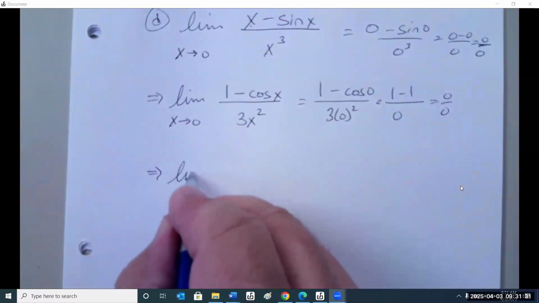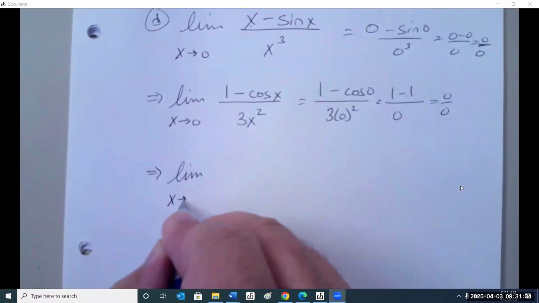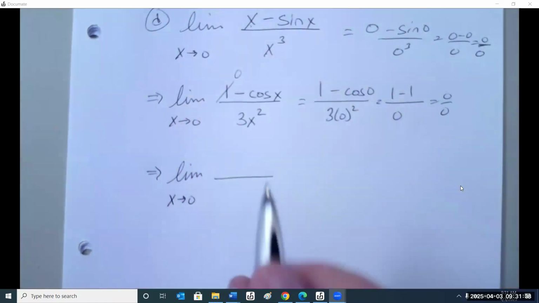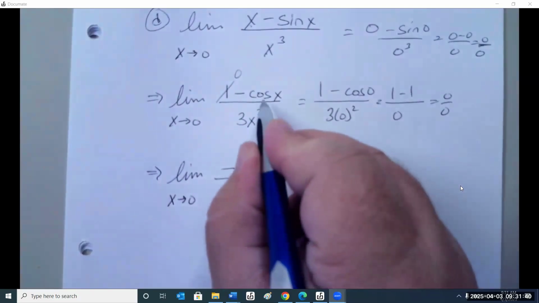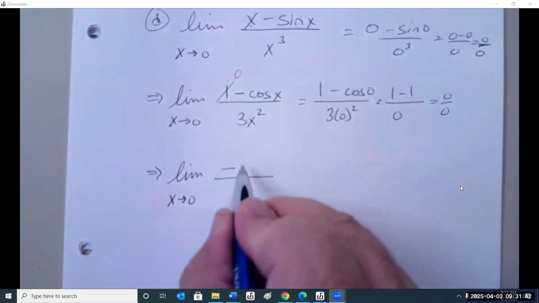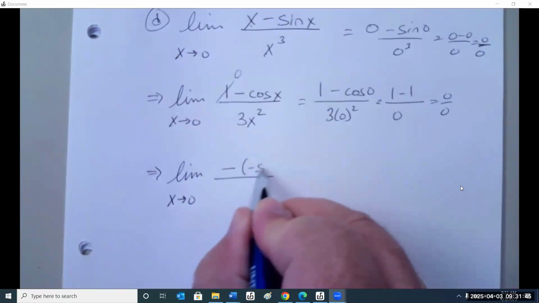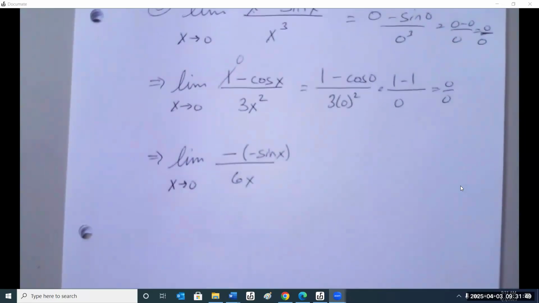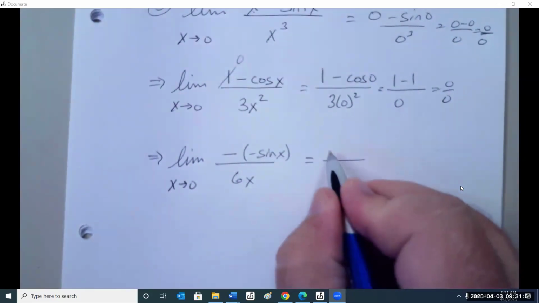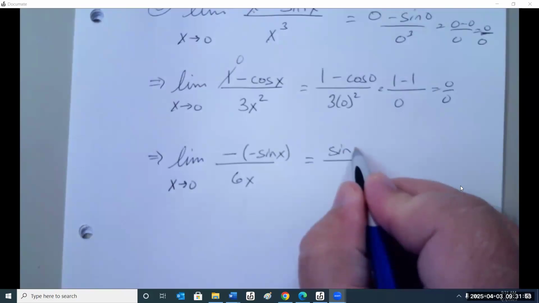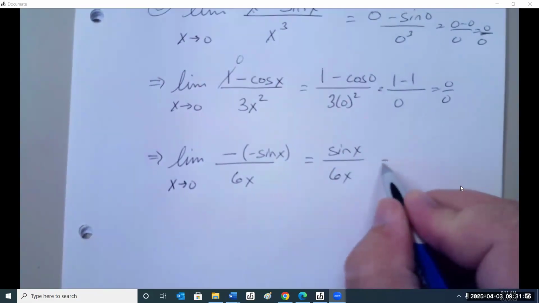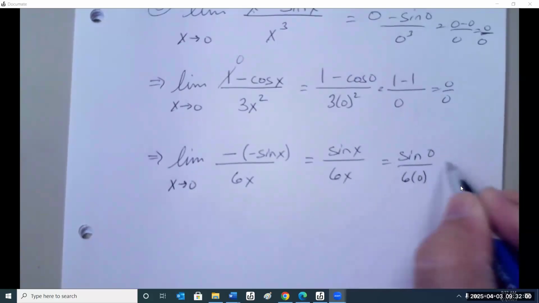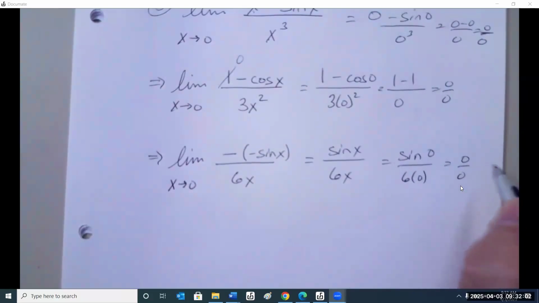So we take another derivative. The derivative of 1 is 0. The derivative of cosine is negative sine, and this becomes positive sine x over 6x. Sine of 0 over 6 times 0 is 0 over 0.